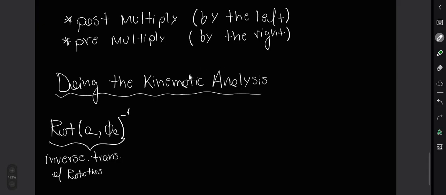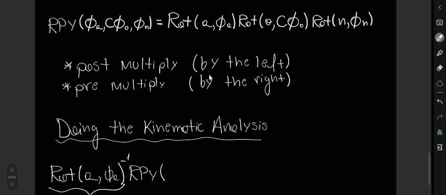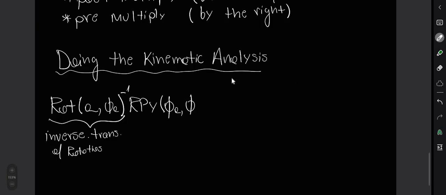And we will multiply on both sides the RPY matrix with the O and N angles, phi O and phi N.